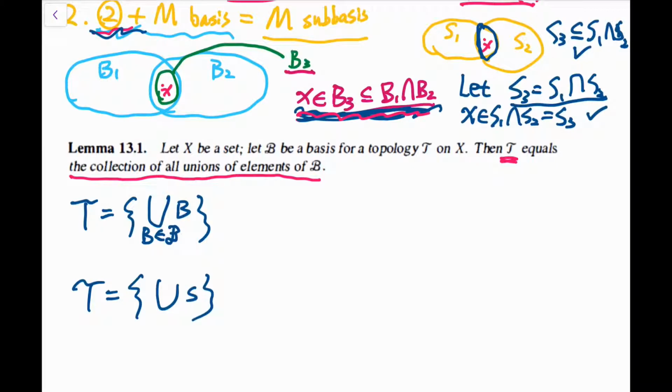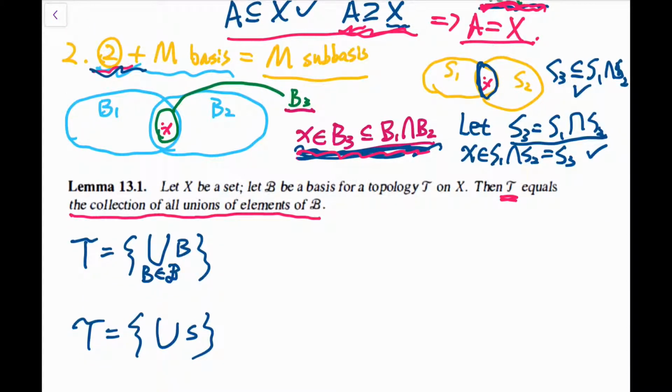Because when we modified the subbasis, we defined the new element S3, which looks a little bit different from S1 and S2, which are the normal elements in the subbasis.